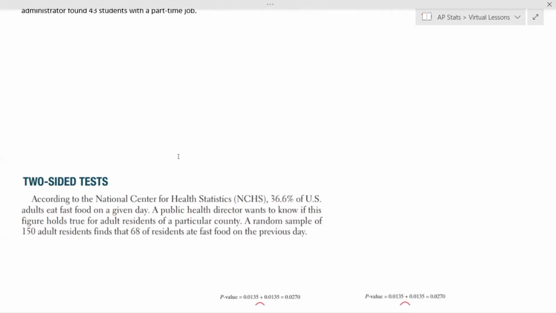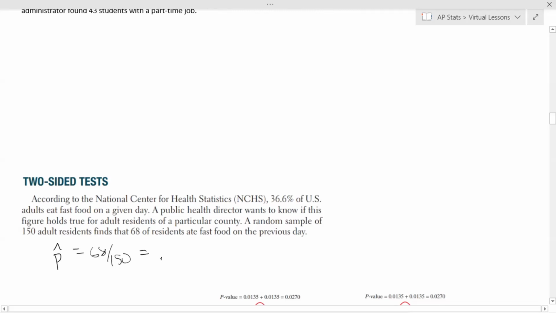Now, because p hat in this case is 68 out of 150, that's 0.453. That's different than the national average. I know it's greater than, but we're just going to say it's different at this point. There is some evidence for the alternative hypothesis.